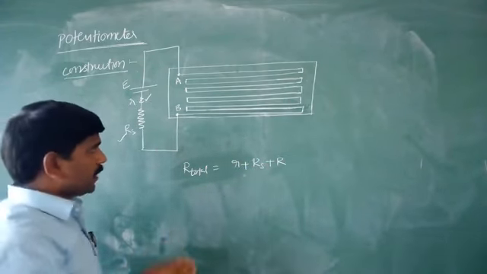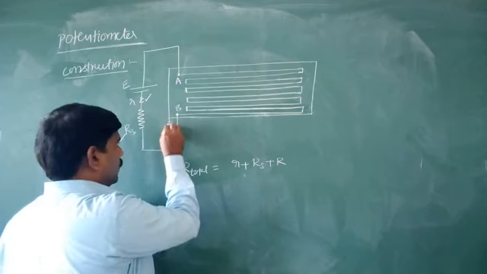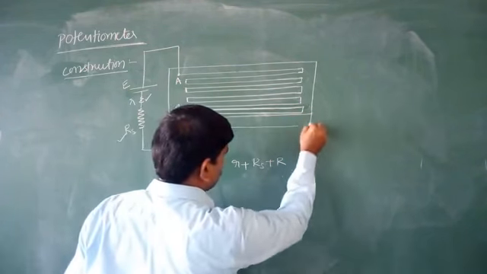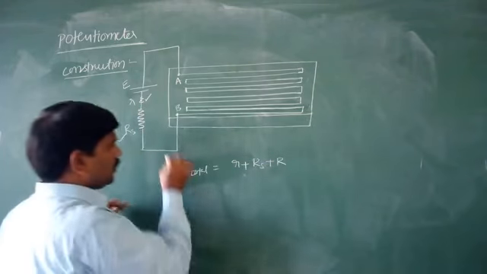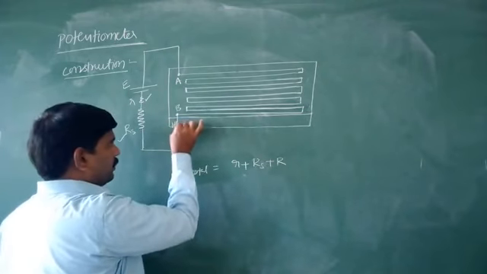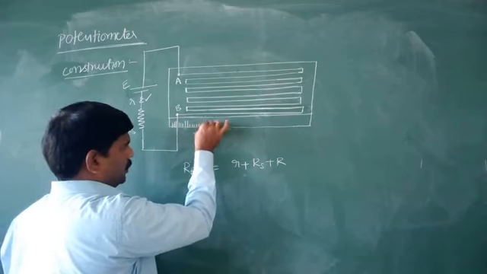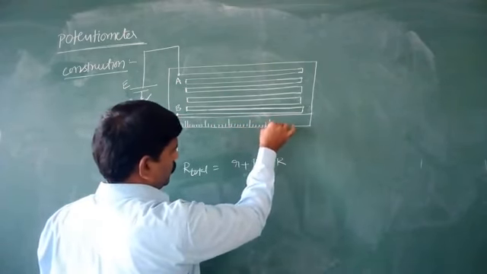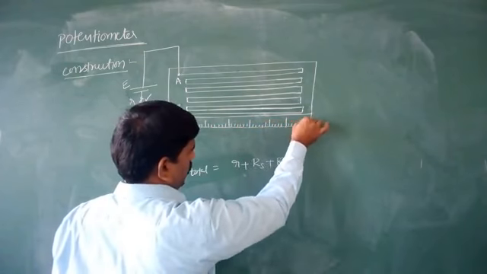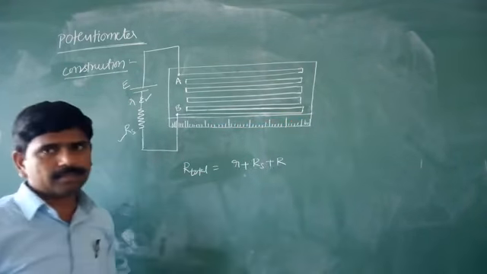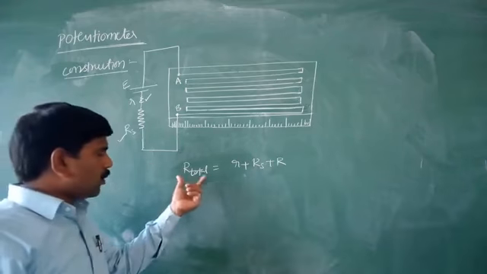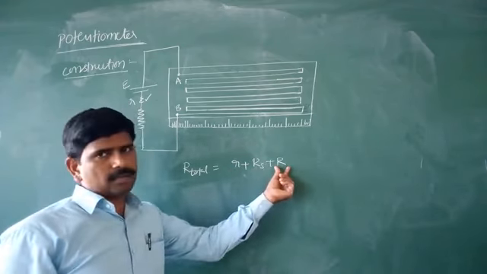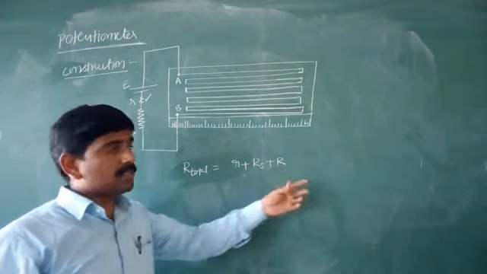In the construction, one more thing is also there: a 1 meter scale is placed beside the potentiometer wire to measure the balancing length of the potentiometer. Here this is the scale. So the total resistance in the circuit is small r plus Rs plus R.